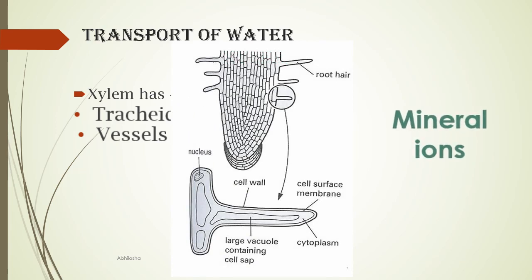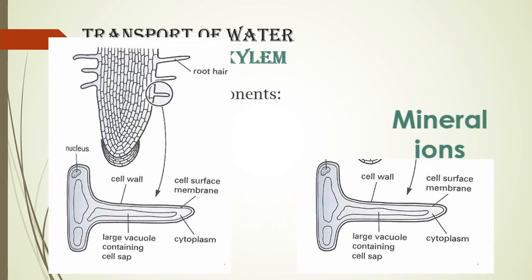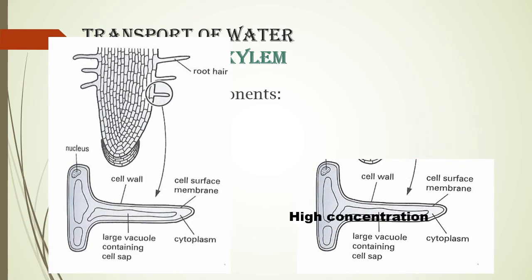So plant root takes in these mineral ions through active transport. They use energy to force these ions inside the root cells. Once inside, they make the root cells hypertonic, that is at higher concentration than the soil. Outside, the soil has more water, so low concentration or dilute solution.